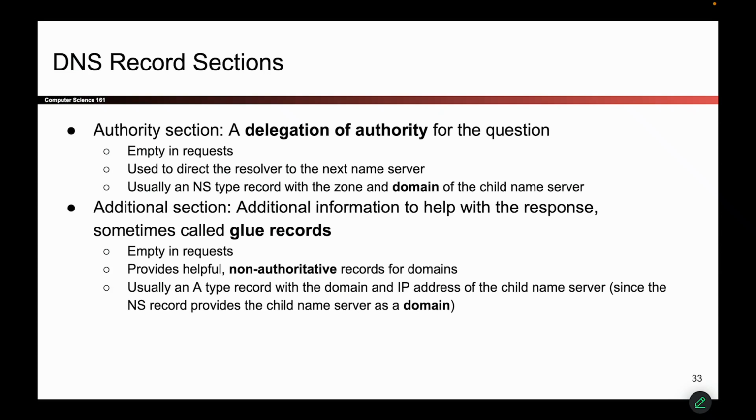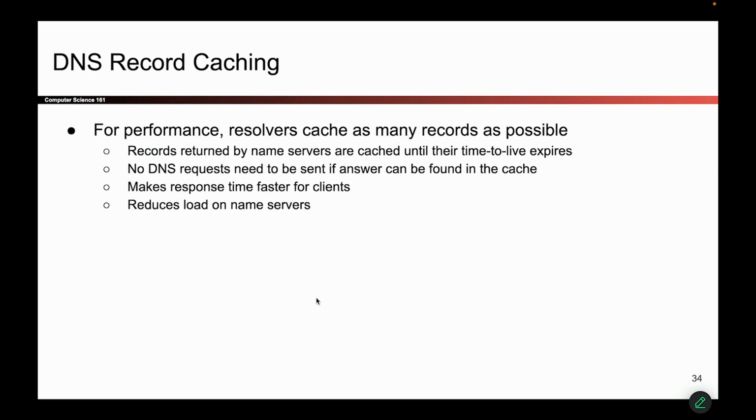Please go talk to this name server. They are an expert at .edu queries, and here is their contact information. All of that stuff gets encoded in these 2 types of records. We'll see them in action soon, but here is a description of what they do.